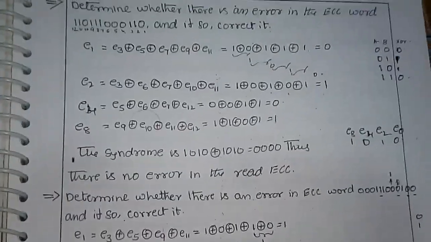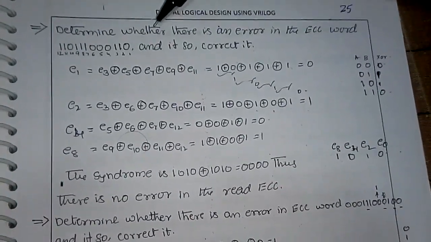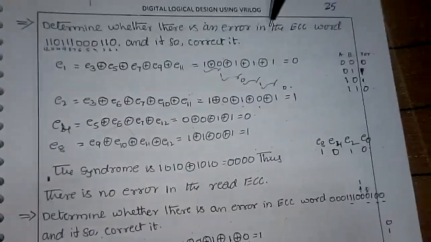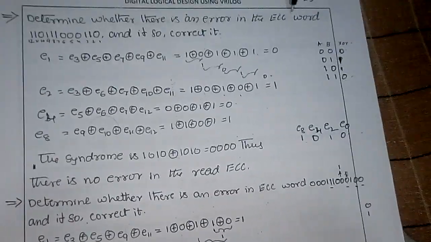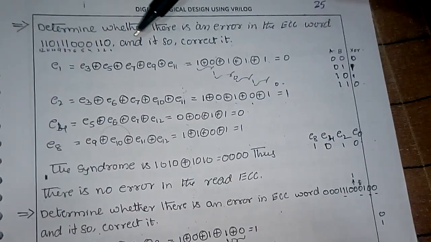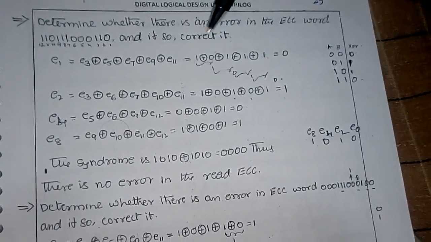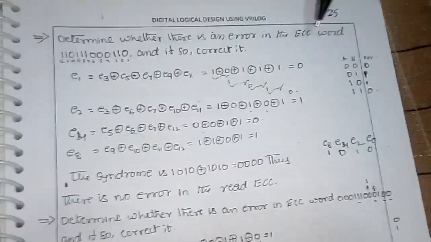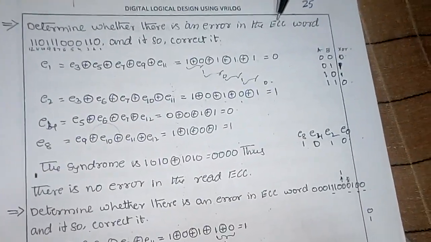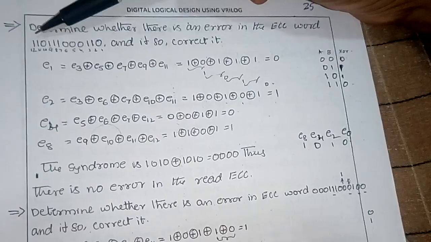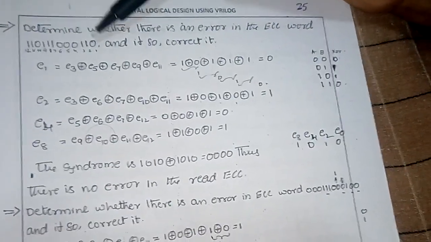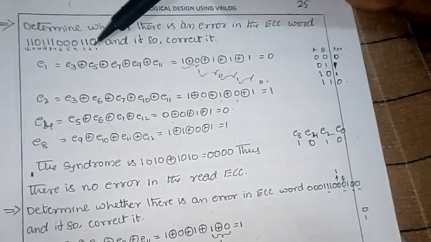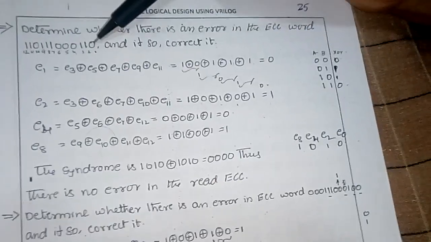By taking another example: determine whether there is an error in the given ECC word, and if so, correct it. In this problem, the ECC word is given. In this, I have to check whether the error exists or not.